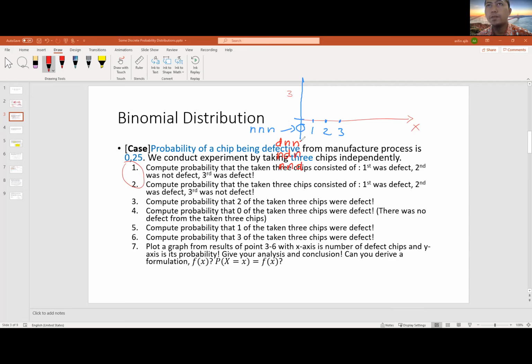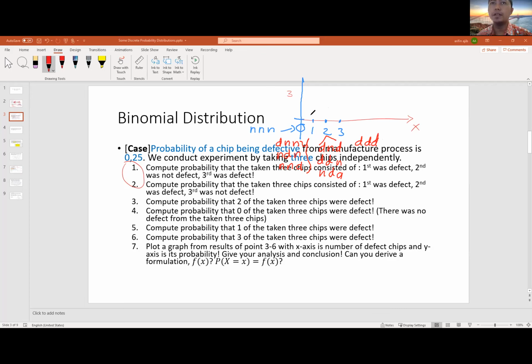This is the member for 1. Until this point clear? Clear, sir. And the members for 2 are ddn, dnd, and ndd. How about 3? The 3 is ddd.